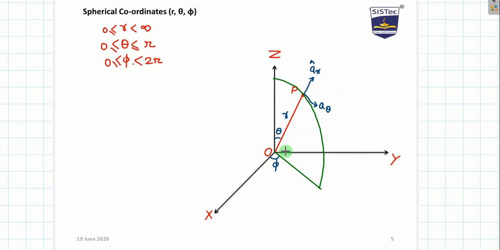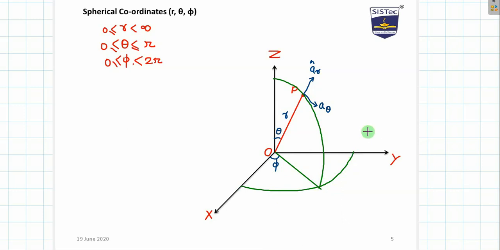Now in which direction is phi increasing? We will plot this point phi also. Phi is increasing from the x-axis in this direction, so we will make the phi like this. This is the direction of phi, so it is in its tangential direction.